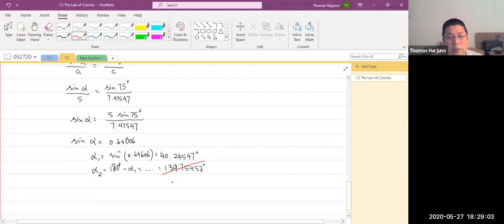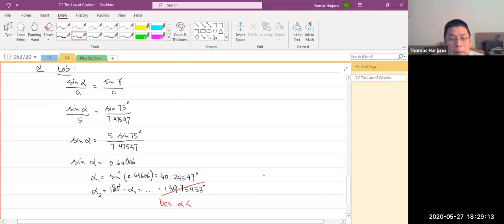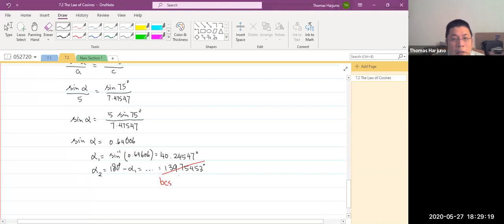The reason is that alpha should be less than gamma, because A is less than C, consequently angle alpha should be less than angle gamma.